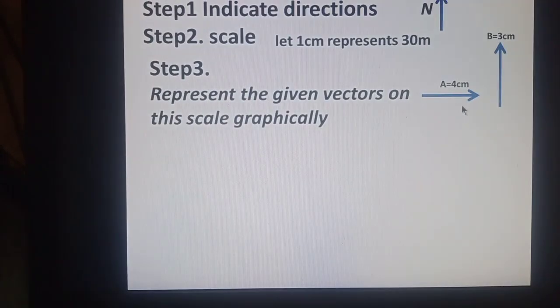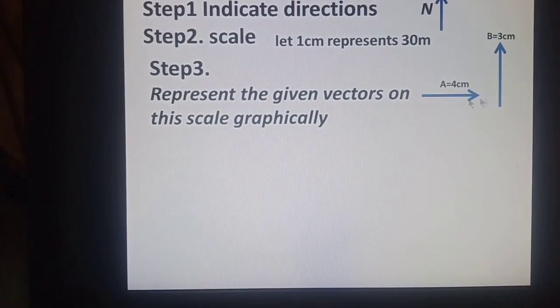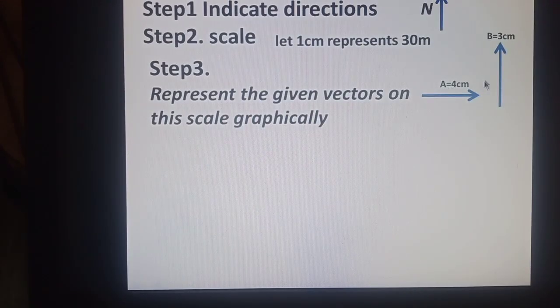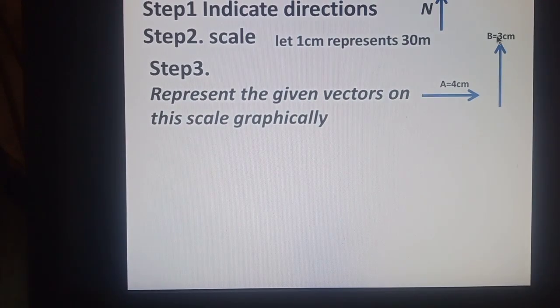So we draw a line of 4 centimeter length representing the displacement of 120 meter towards east. Let this vector be represented by A. Similarly, the second displacement was 90 meter towards north, 3 centimeter length in the direction of north, and it is represented by B.